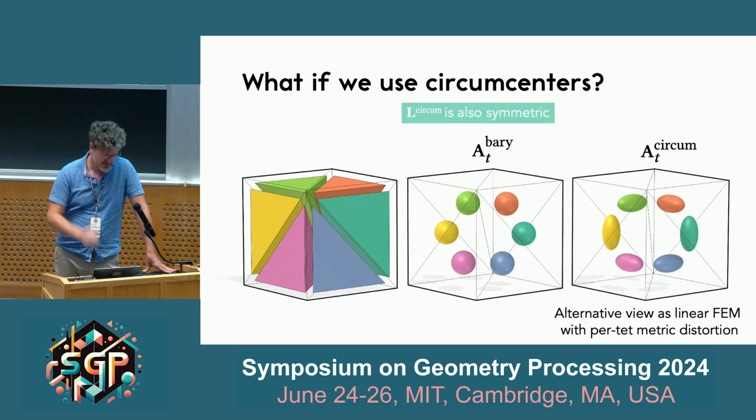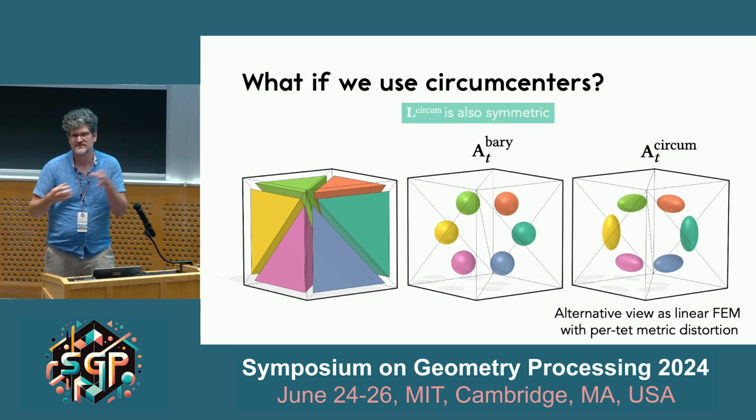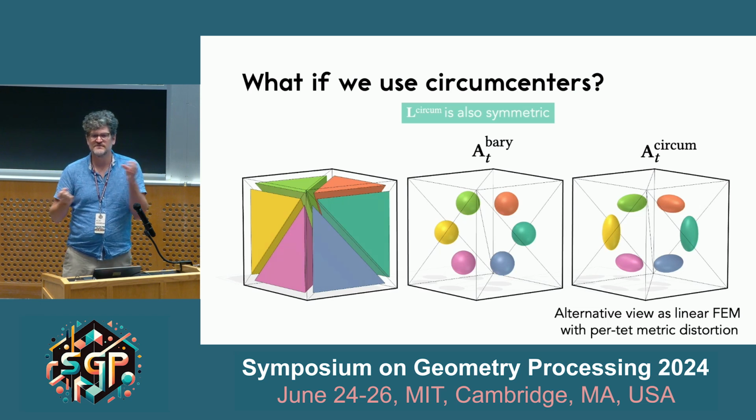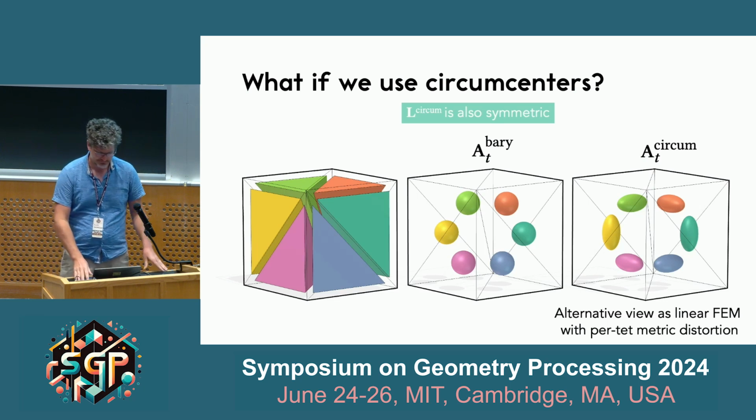These were visualizing that diffusion tensor applied to a sphere, so they just stay spheres. If we take the diffusion tensor for the circumcentric duals and apply those to the sphere, we see these ellipsoids. So in this way, we can understand the circumcentric finite dual volumes as manipulating the diffusion tensor per tet and then just applying linear finite element method.